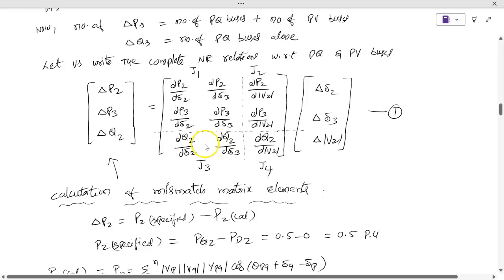And Q2: dou Q2 by dou del 2, dou Q2 by dou del 3, dou Q2 by dou V2. So on the numerator this value will come, and on the denominator these 3 values will come.